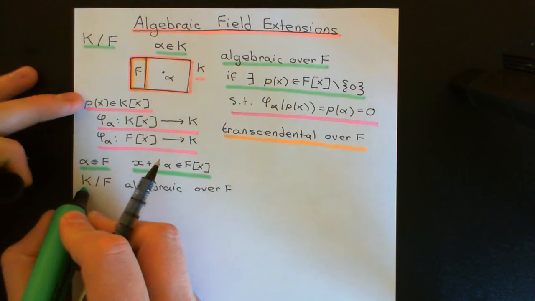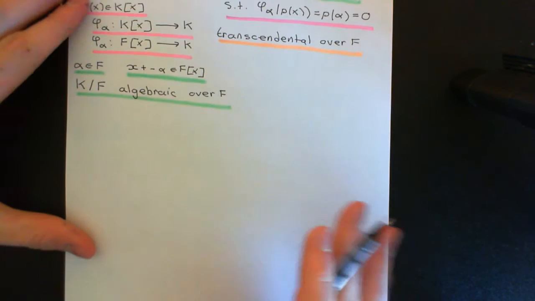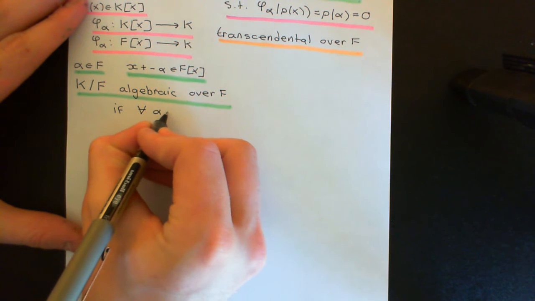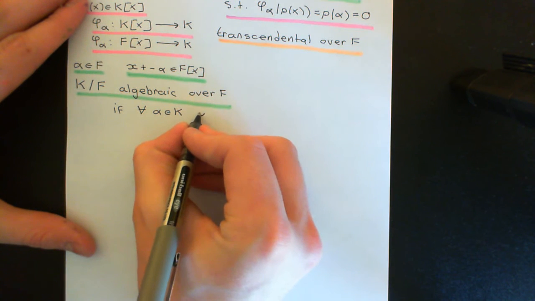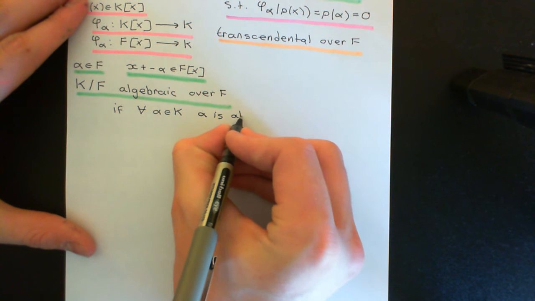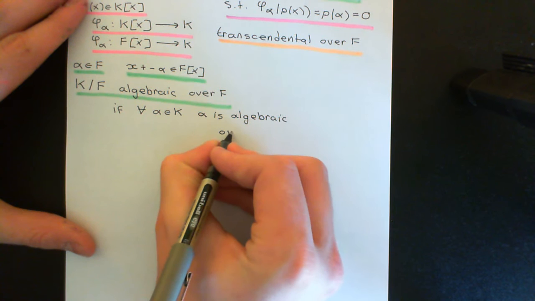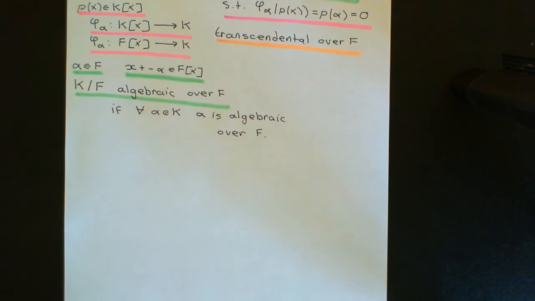So let me just write that down. We'll call the field extension K, which is a field extension of F, an algebraic field extension of F if for all alpha, which is an element of the field extension K, it is true that alpha is algebraic over F, i.e. for all elements of the field extension K there must exist a non-zero polynomial in the ring of polynomials over the field capital F, such that when that polynomial is evaluated at this element alpha, you get 0.